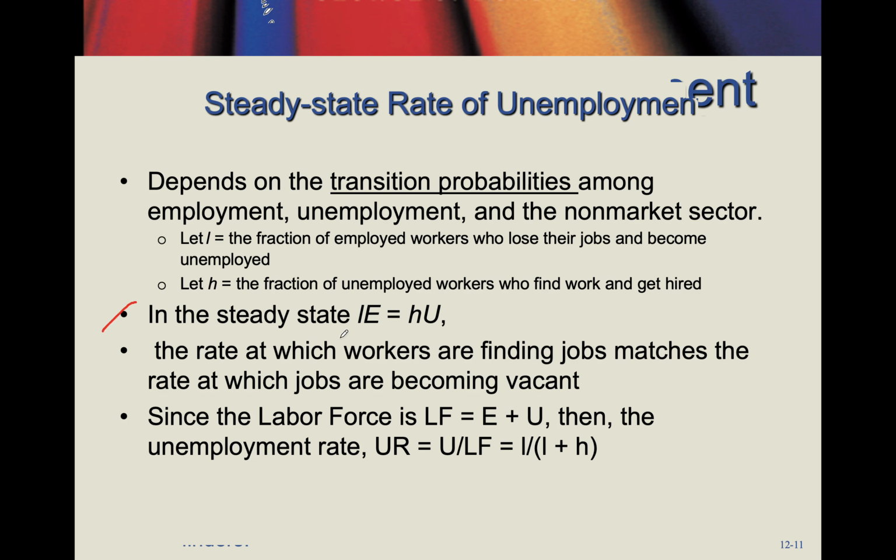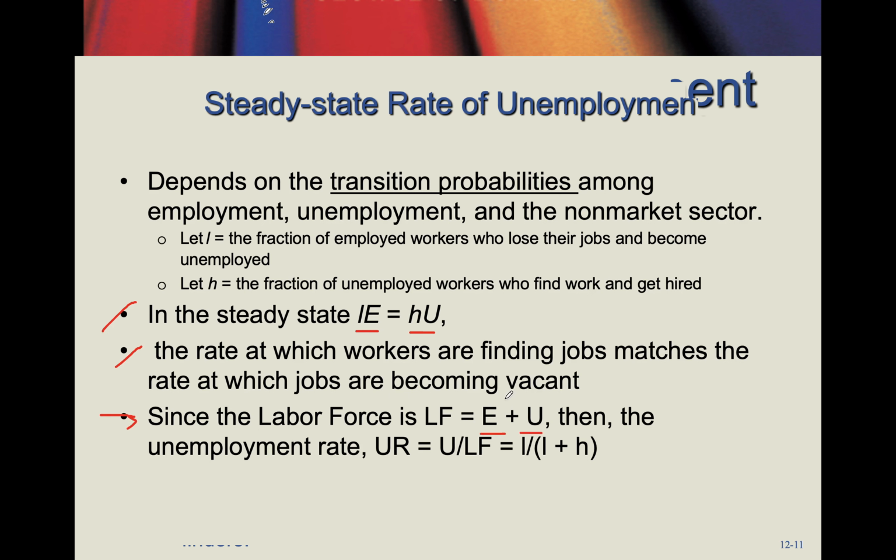Therefore, in the steady state level, L times E always equals H times U. L is the probability of employed workers who lose their jobs, times E, and this will give us the number of workers unemployed or being laid off in that particular period, which should equal H times U. Since H is the probability of unemployed workers who find jobs, then we can describe the steady state unemployment level as the rate at which workers are finding jobs matching the rate at which jobs are being vacated.